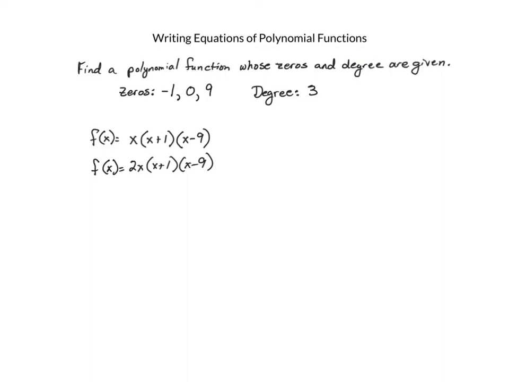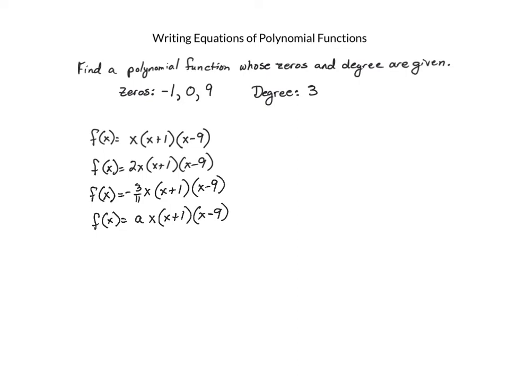Notice the directions said to find a polynomial whose degree and zeros were provided. The answer isn't unique. It could be f of x equals negative 3/11 x times x plus 1 times x minus 9. What we know is that the polynomial function must be x times x plus 1 times x minus 9 with some constant up front.